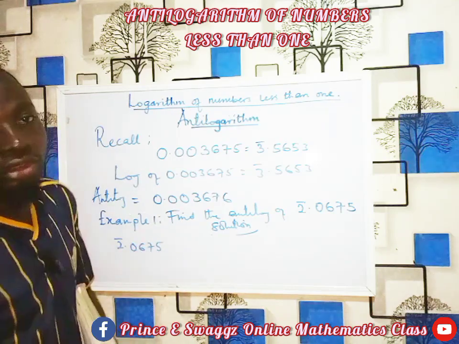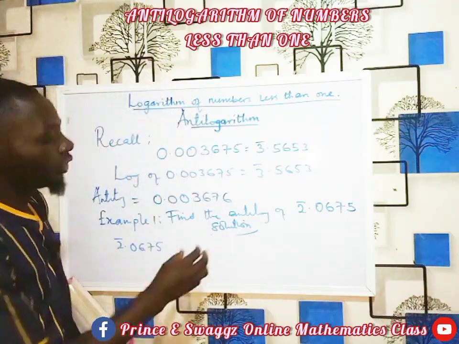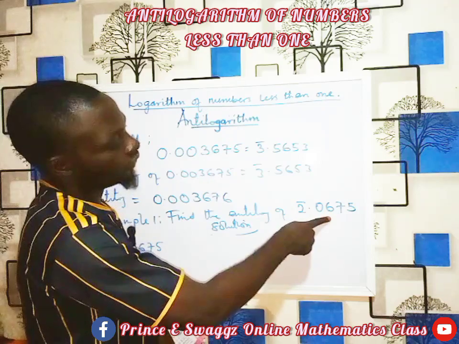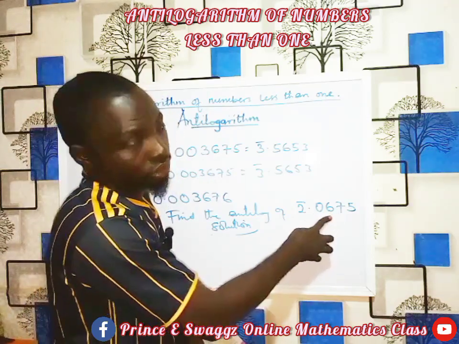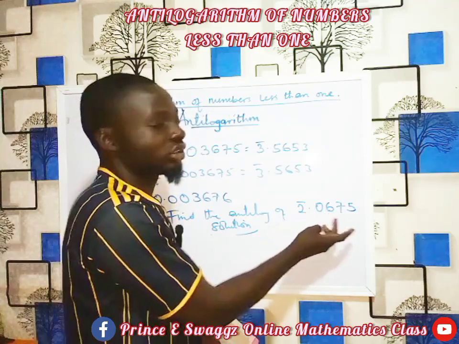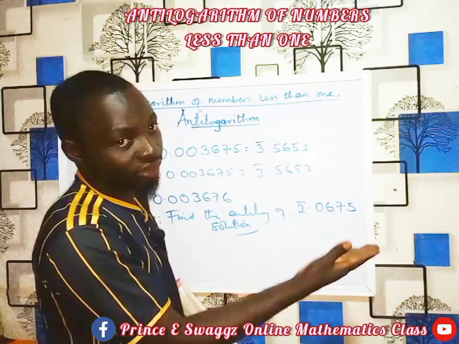To get the antilog of this one as well, the same thing applies. You start with the first 2 digits after the decimal point, and that is 06. So you are starting with 06, not 67. For antilog, you always start with the first 2 digits after the point.